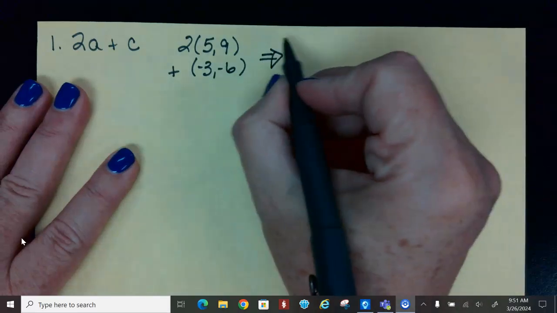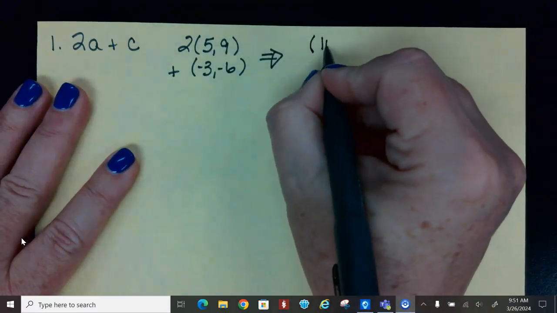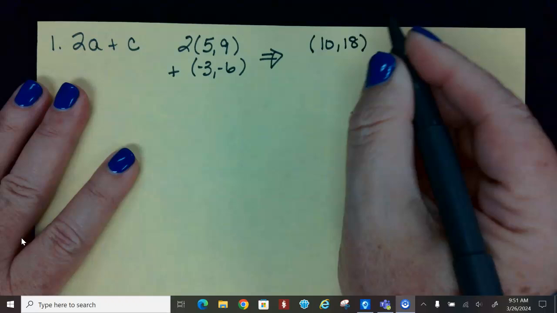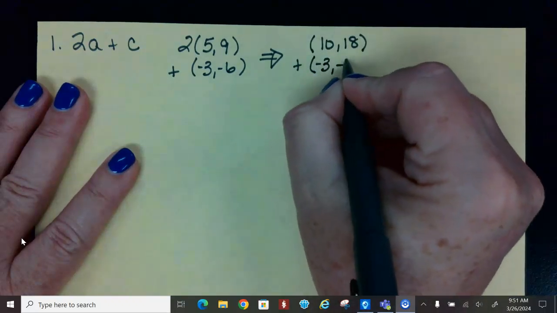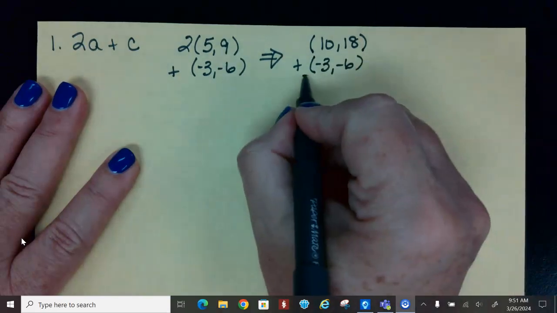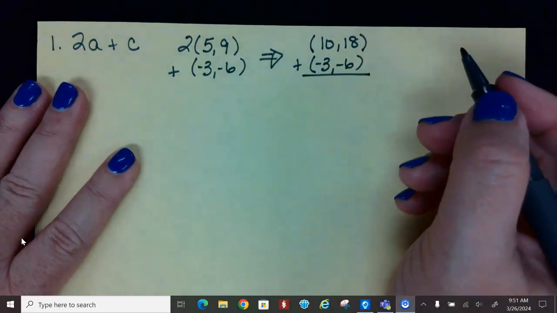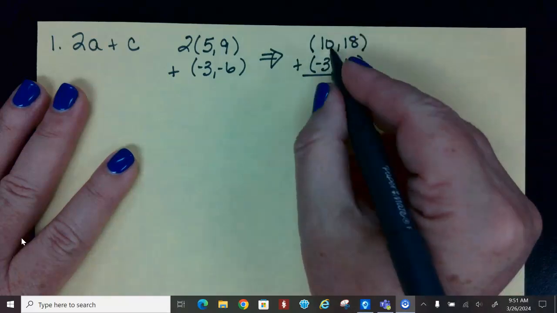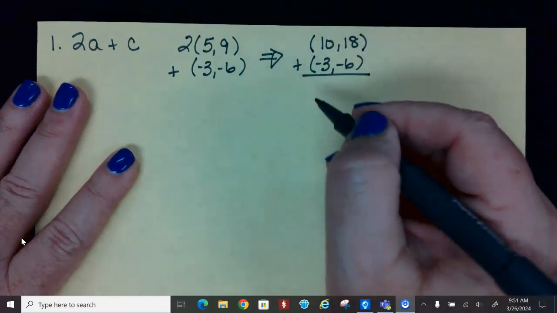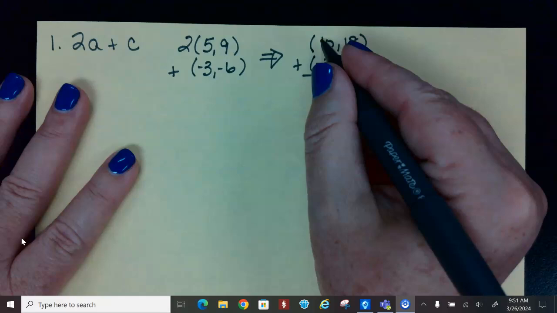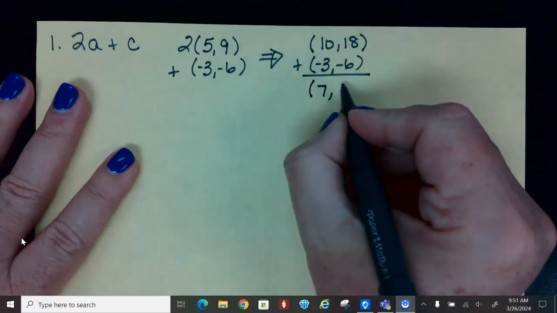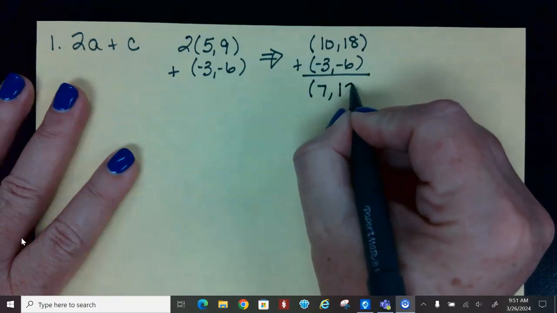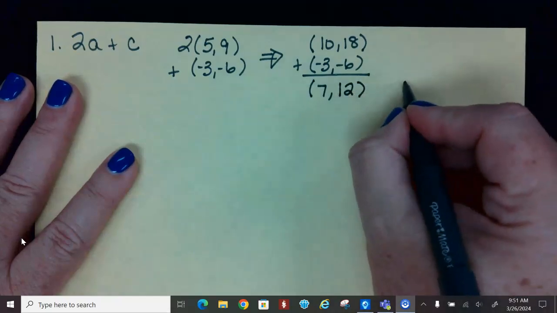So this is going to be 10 and 18 plus... I know I don't have my parentheses correct. We're going to do that at the end so we can make sure we know that it's not a 7 versus the parentheses. So 10 minus 3 is 7, and then this gives us 12.